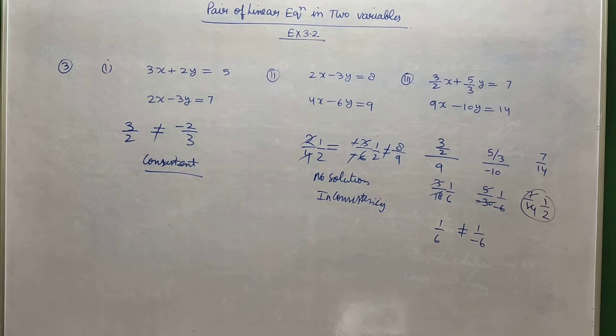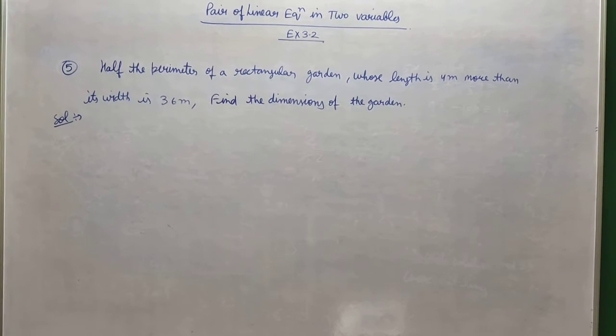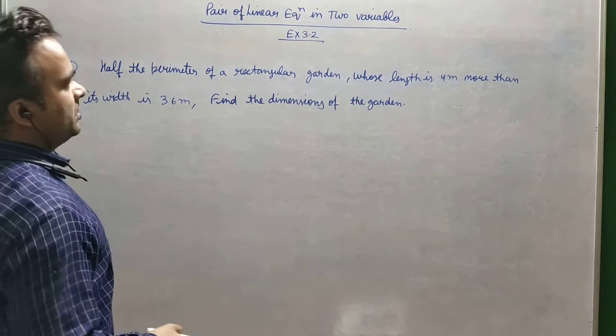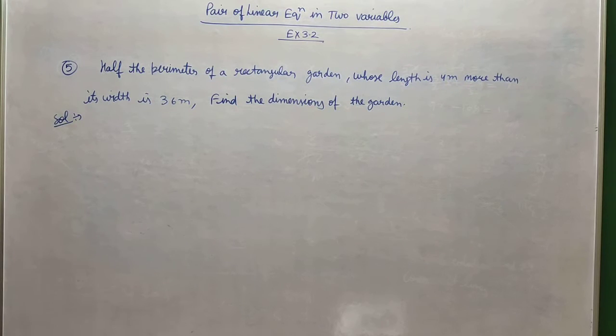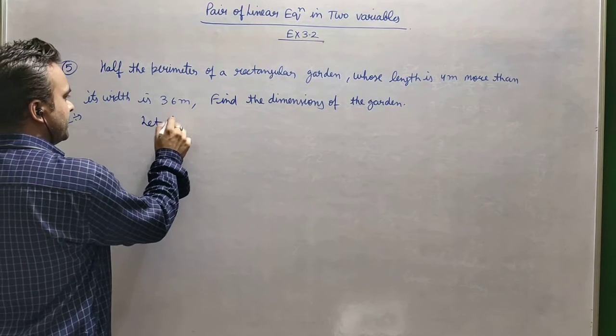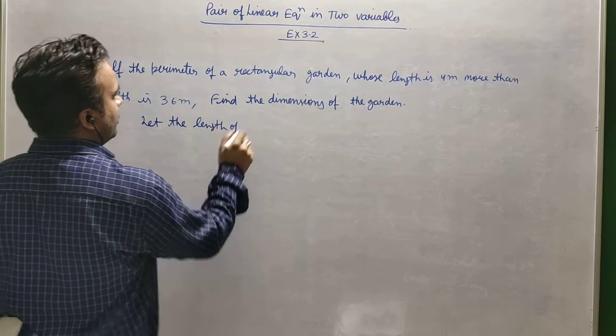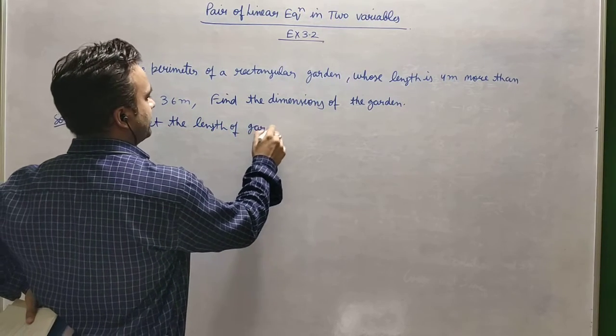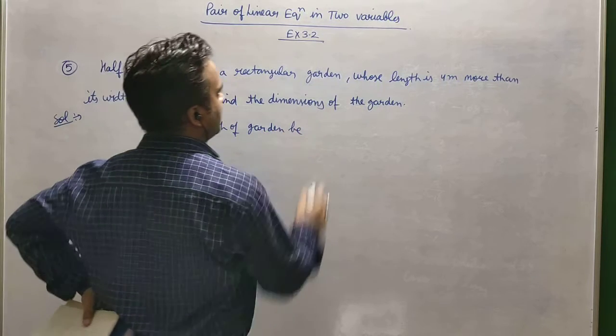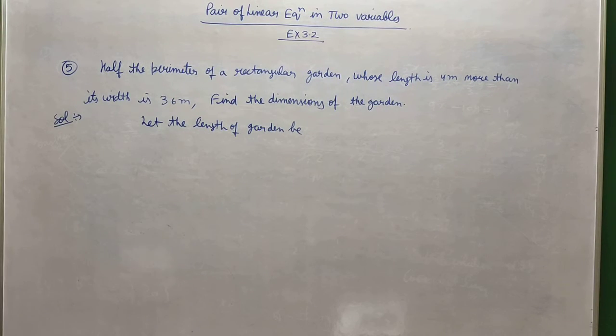Now question number 5 I am doing. Question number 5. Half the perimeter of a rectangular garden, whose length is 4 meter more than its width, is 36 meter. So what you will do here, let the length of the garden be x meter, right?